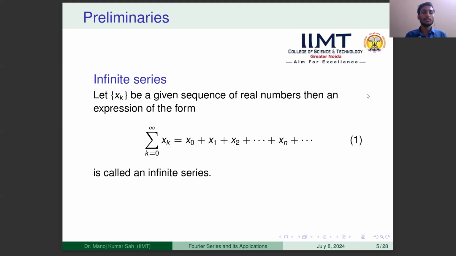Now we will discuss infinite series. Let x_k be a given sequence of real numbers. Then an expression of the form given in equation 1, summation running from k equal to 0 to infinity of x_k, equal to x_0 plus x_1 plus x_2 and so on, is called an infinite series.